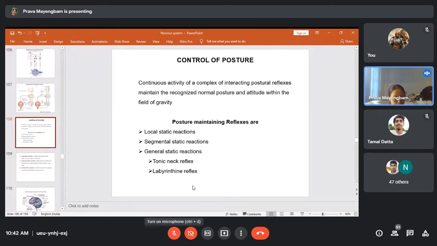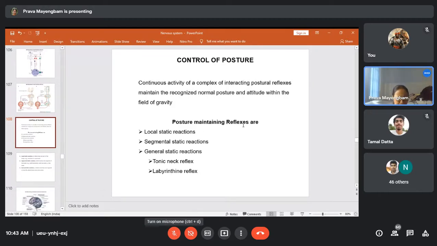It continuously tries to maintain the equilibrium. So that is the labyrinthine reflex, and it is also involved in maintaining the posture reflex.